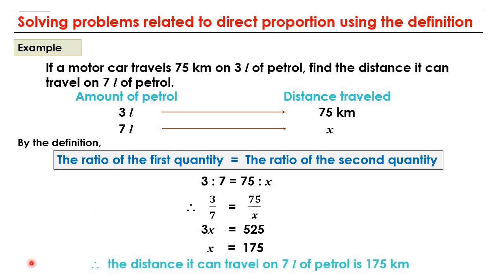Therefore, the distance it can travel on 7 liters of petrol is 175 kilometers, and this method is known as the definition method. Here we should use the equation in which the first quantity's ratio is equal to the second quantity's ratio.